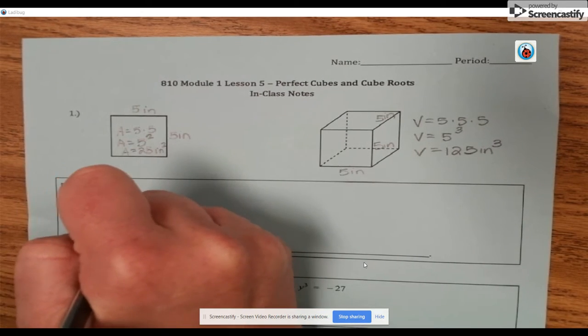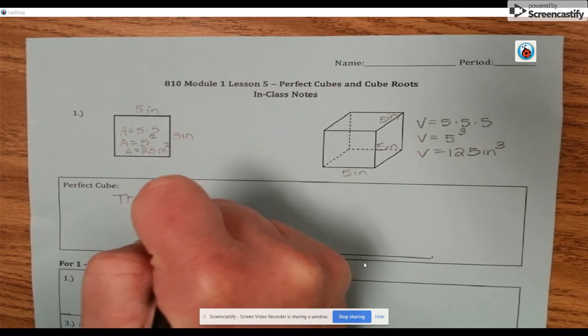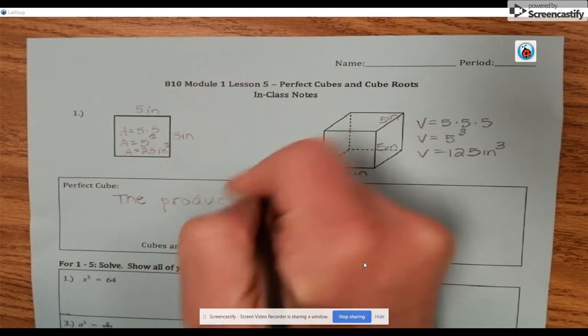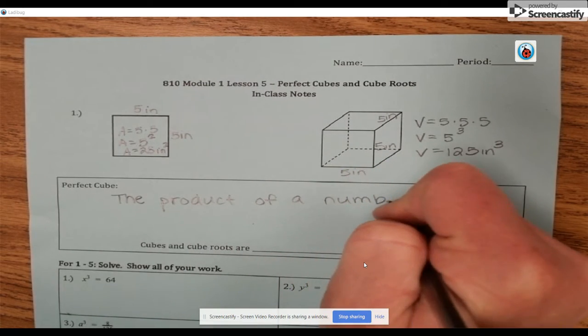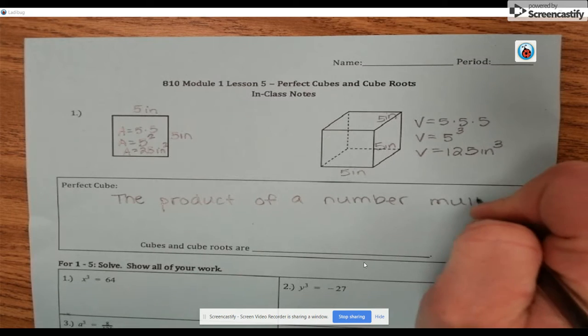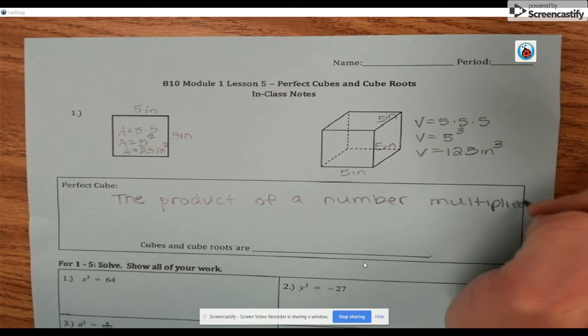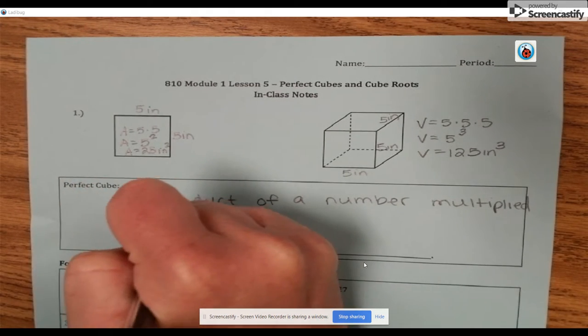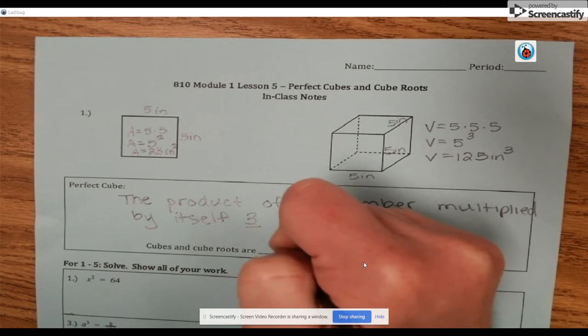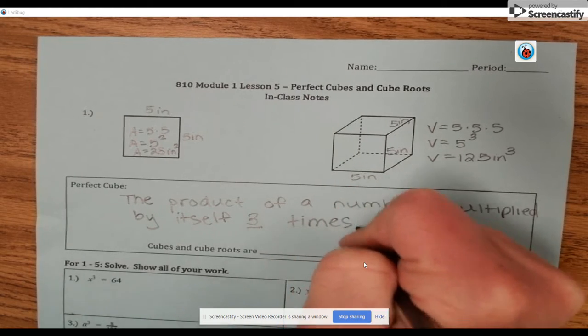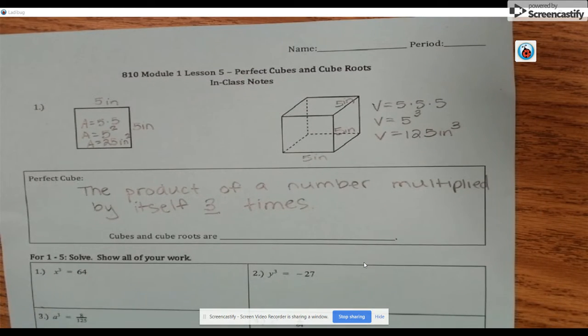So we'll write that down. Okay, so it's the product of a number multiplied by itself 3 times.